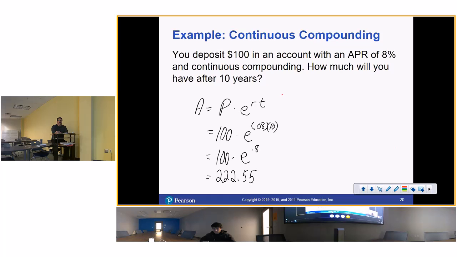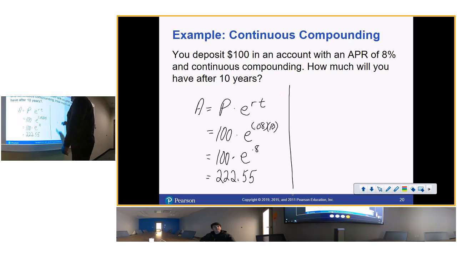So I'm going to draw a line right here. Let me just go up there because I can't draw with a mouse. I'm going to draw a line right here. And we're going to say compounded monthly. And as soon as I say monthly, y'all know not to use the continuous, but what?